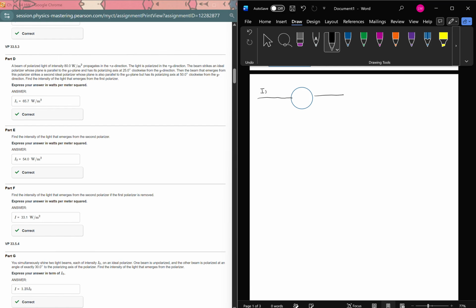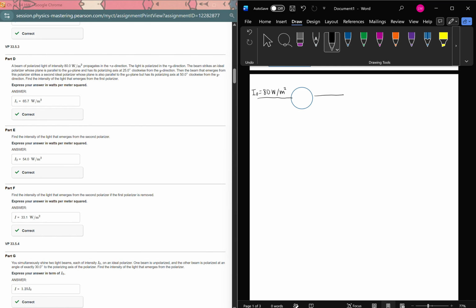And we know that the initial intensity is 80 watts per meter squared. Let me write it a little better.